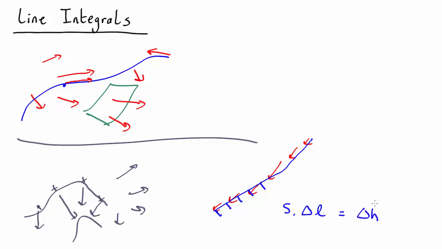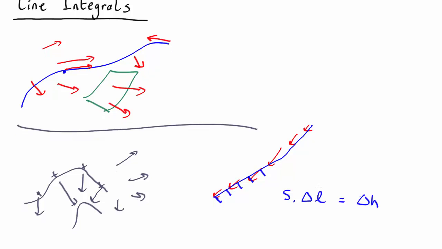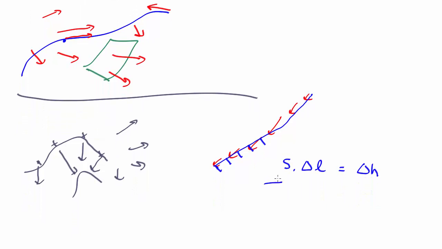So if you've got a slope of 10% and you've gone 1 meter, the change in height is 10% of 1 meter, or 10 centimeters. Let's say you start here and go up the hill, you might be climbing a mountain here. For each step you work out the horizontal distance of the step times the slope, and the horizontal distance of the next step times its slope, and you sum them all up. So the sum of the slopes times the elements of length gives you the total change in height.